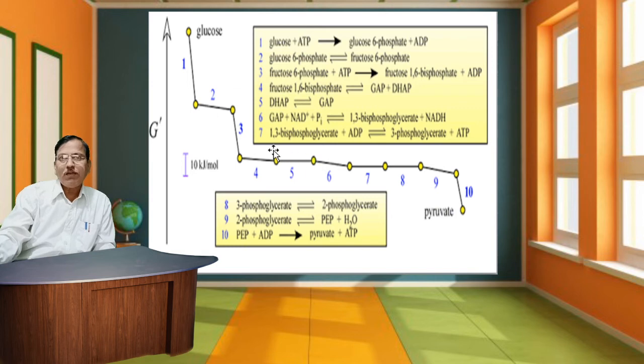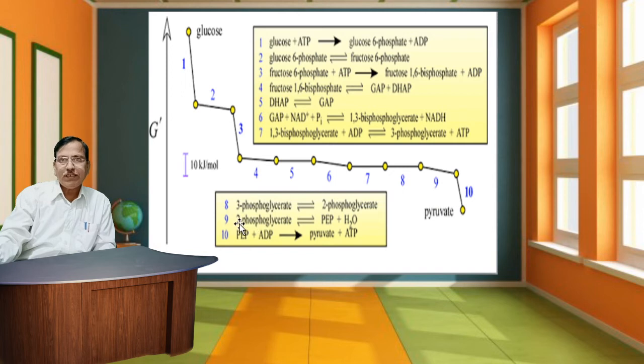The seventh stage of glycolysis is 1,3-bisphosphoglycerate plus ADP converting into 3-phosphoglycerate plus ATP, using the enzyme phosphoglycerate kinase. In the eighth step, 3-phosphoglycerate is converted into 2-phosphoglycerate, catalyzed by phosphoglycerate mutase.